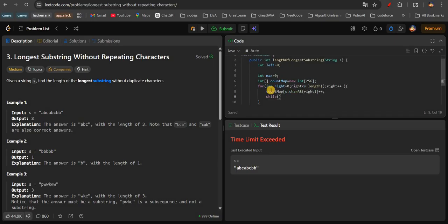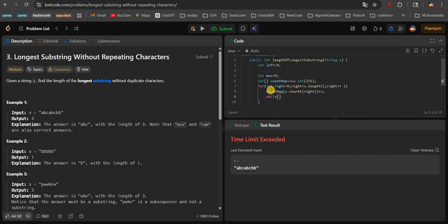Now here I'm checking if any character frequency is greater than 1, then what I have to do is decrease that character frequency, because that is a duplicate, so the next string may be the maximum string. For that only I have to use this left pointer. I have to move that, so as to find the longest substring.